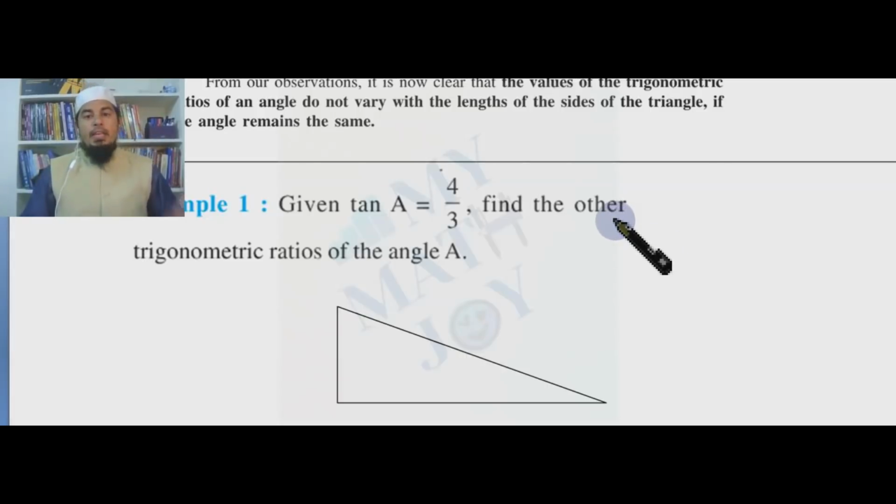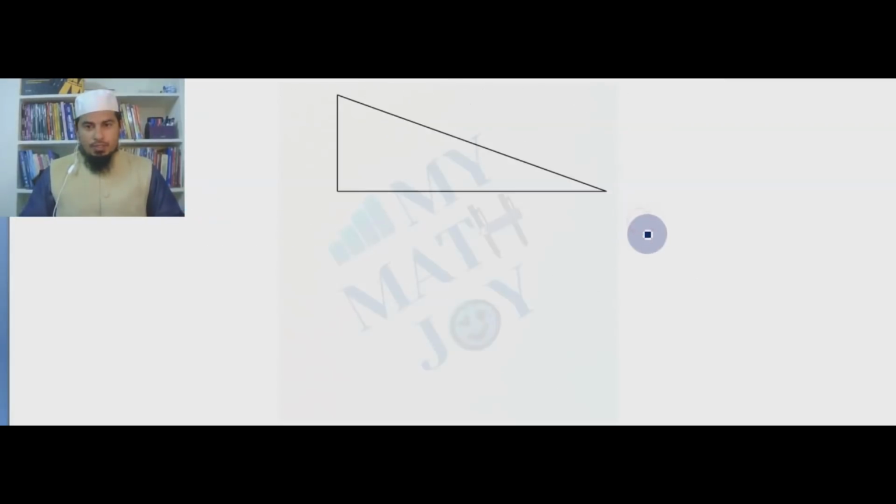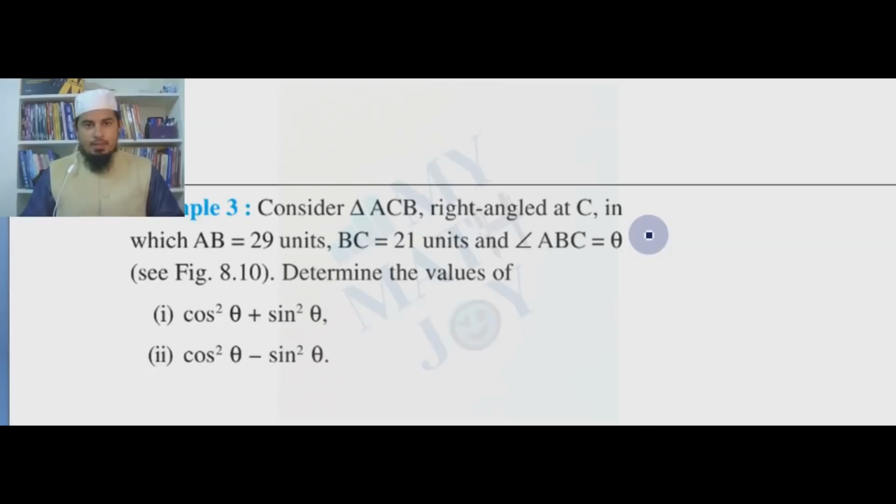Another type is where two sides of a right angle triangle are given and we are asked to find all the trigonometric ratio values. And here one trigonometric ratio is given and we are asked to find all the trigonometric ratios.